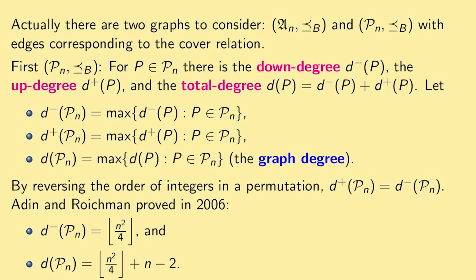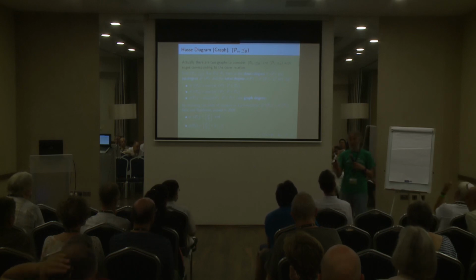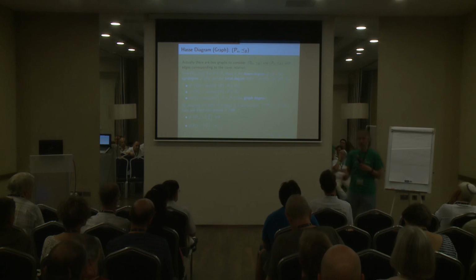All right, so if you take that Hasse diagram, as I mentioned, you could think of that as a graph, and you could ask graph questions if you'd like. In fact, there are really two graphs that you should consider: the Hasse diagram for the permutations, and the Hasse diagram for the alternating sign matrices, with respect to the Bruhat order.